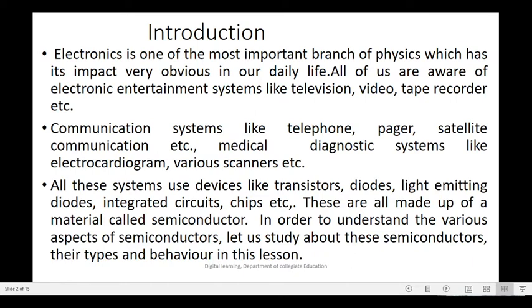Introduction. Electronics is one of the most important branches of physics, which has its impact very obvious in our daily life.